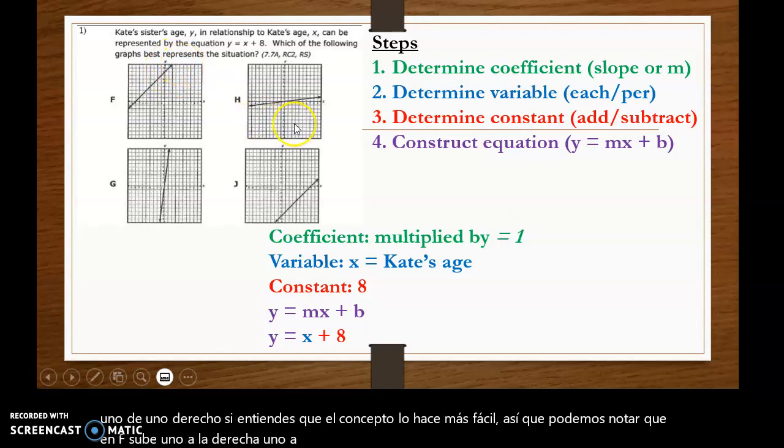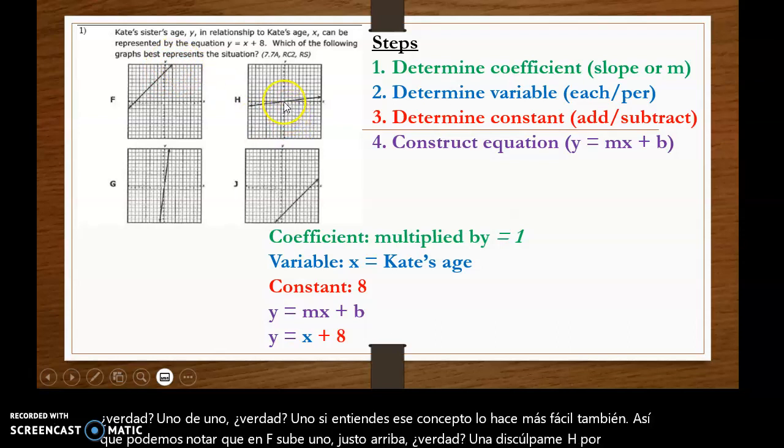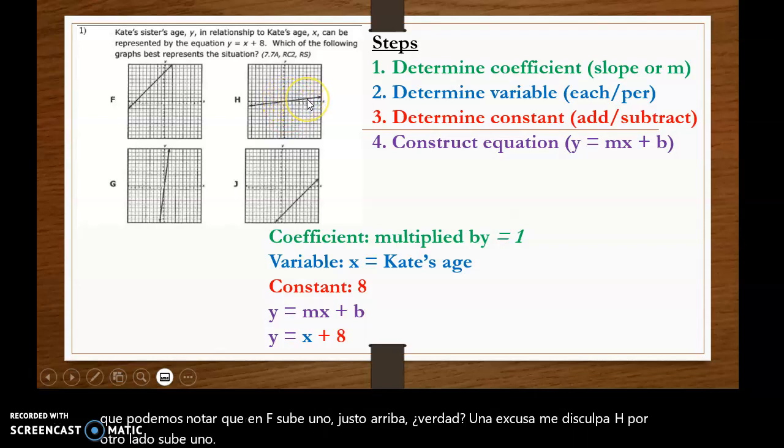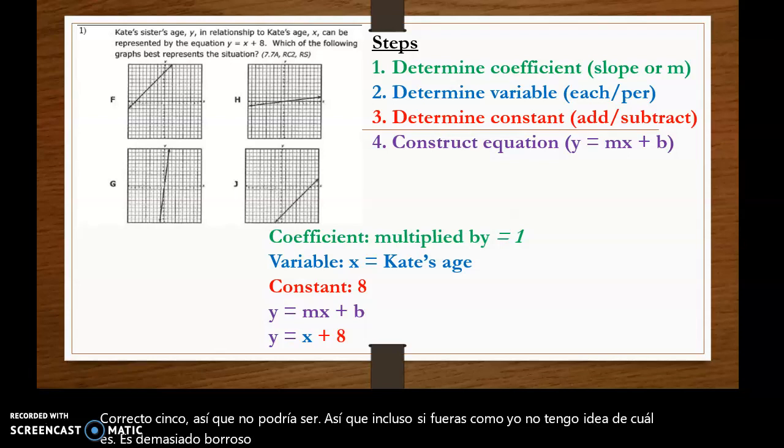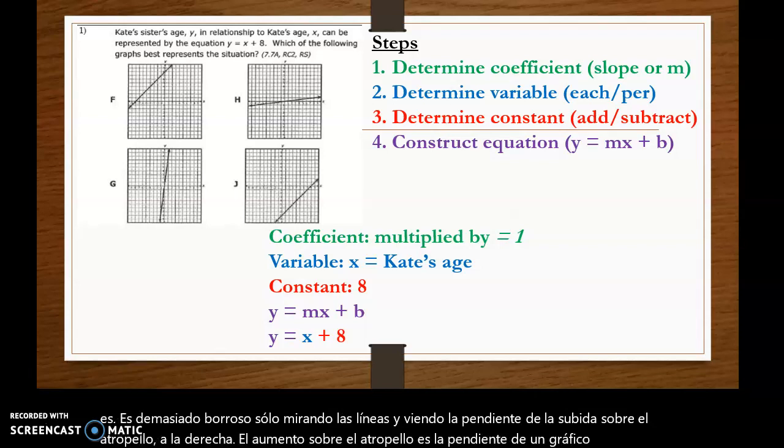H, on the other hand, goes up 1, right 5, so that could not be it. Even if you think, I have no idea which one it is, it's too blurry, just look at the lines and see the slope, the rise over run. Rise over run is slope for a graph. We can notice that H cannot be a possibility.